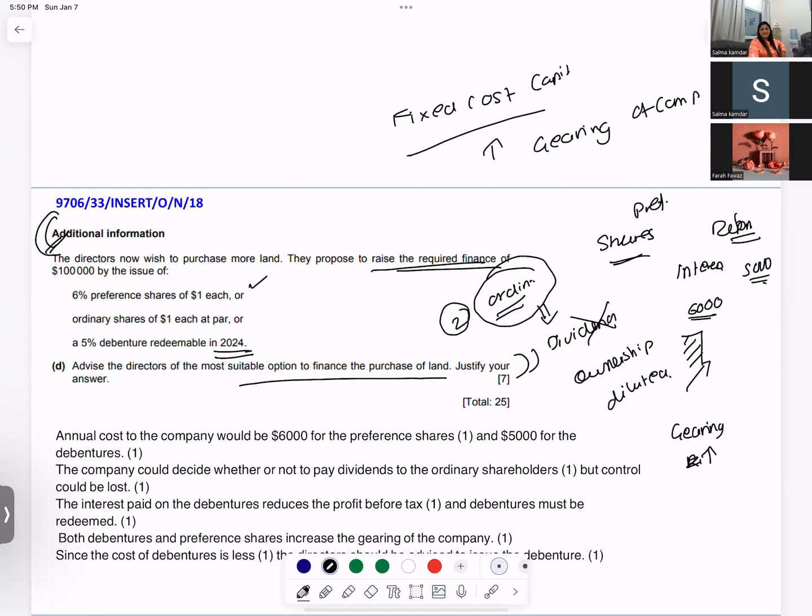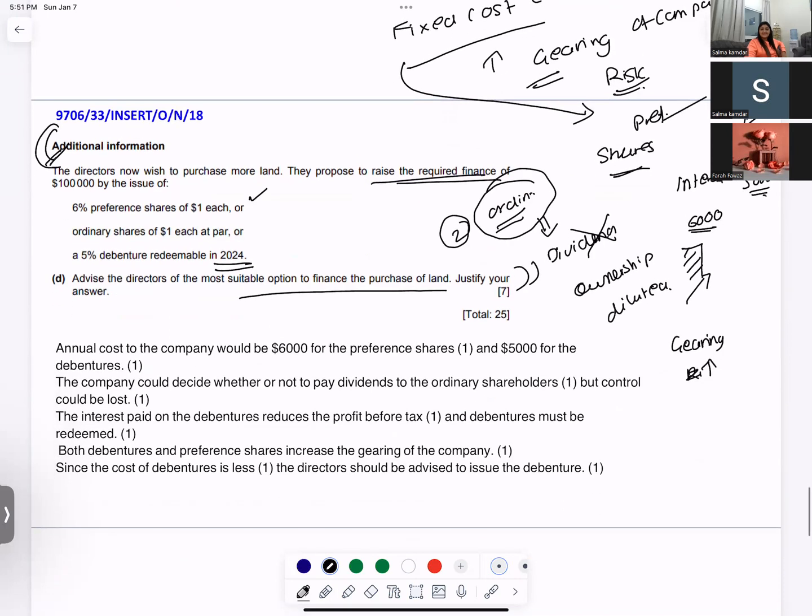And if the company's gearing is increased, that means it is a risky company. So you issue preference shares or you issue debentures, both are fixed cost capital. So they will increase the gearing of the company, making it riskier. So you give advantages and disadvantages of ordinary, preference and debentures.